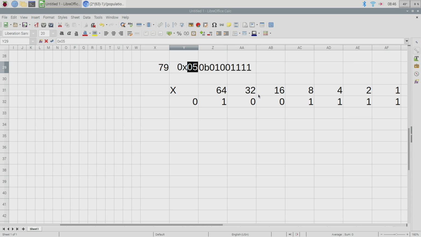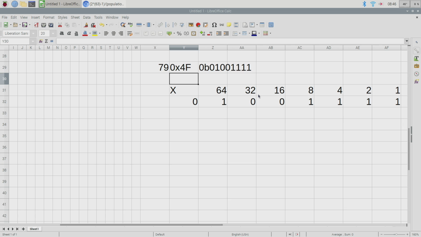All those ones give me an F, and then the 0 1 0 0 at the front gives me a 4. So in hex this is 4F. Let me capitalize the F so it's easier to see. Okay, good.